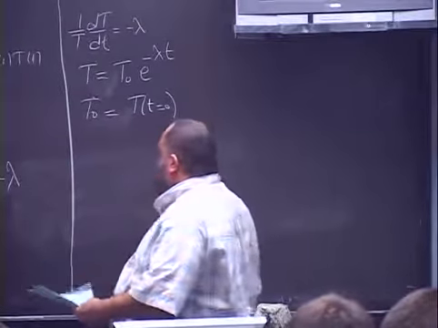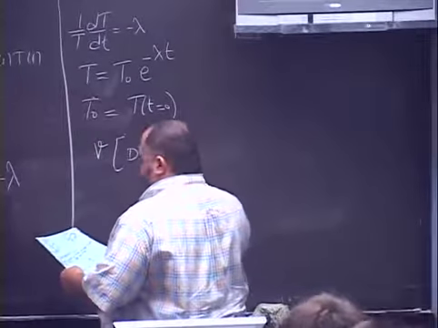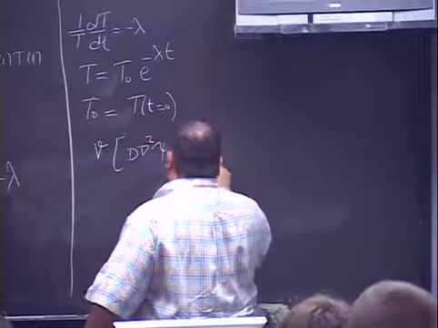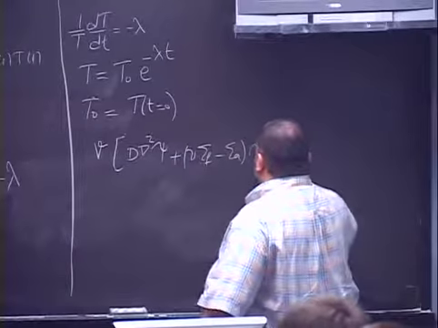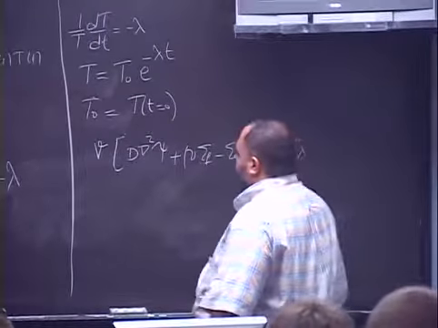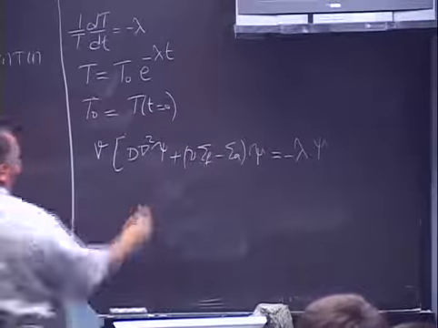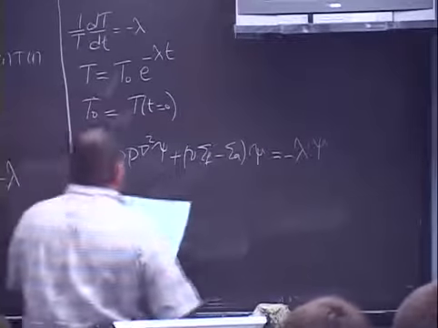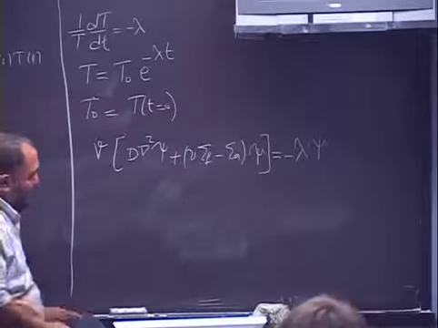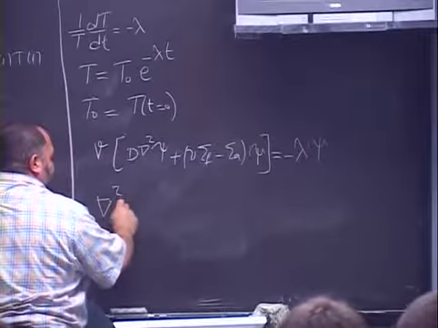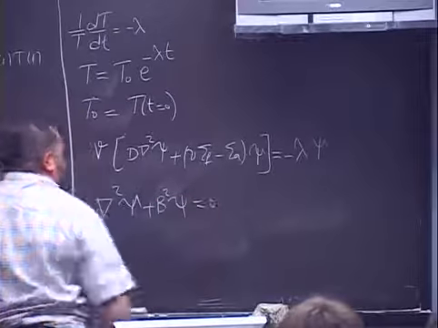What about the other equation? V times D nabla square psi plus nu sigma fission minus sigma absorption, multiplied by psi, equal to negative lambda multiplied by psi. For this equation we are seeking a solution in the form nabla square psi plus B square psi equal to 0.